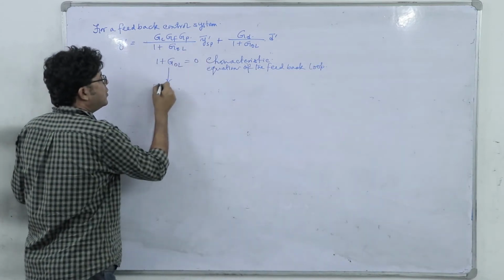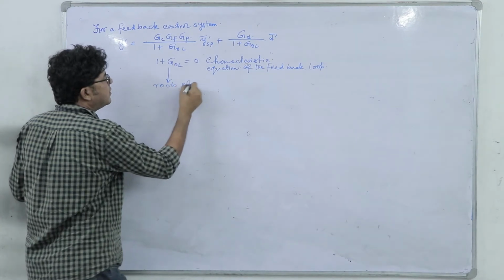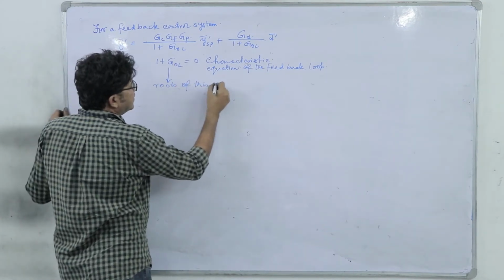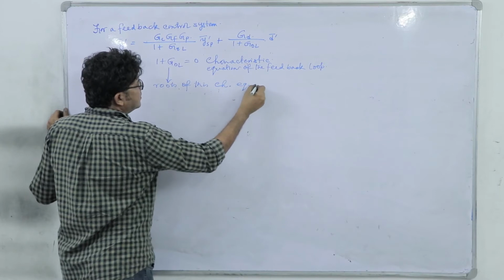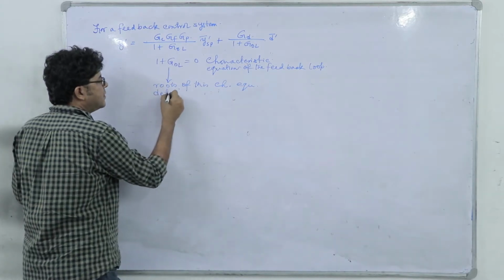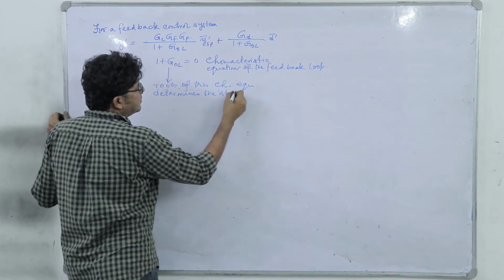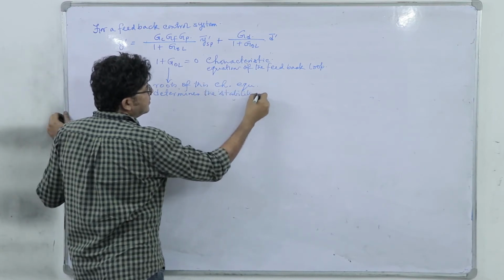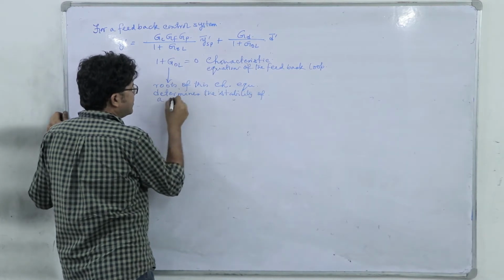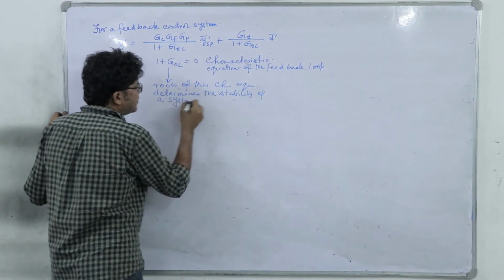Now, roots of this characteristic equation determine the stability of a system. Right?